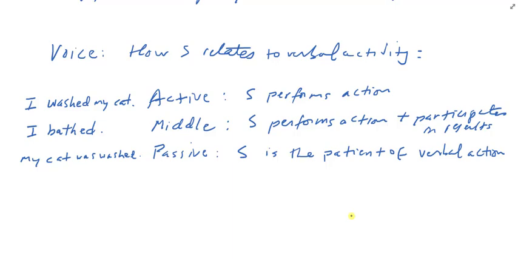Yes? If you rephrase that as I took a bath, is that then active or is that still middle? In English grammar, the form is active, right? I took a bath. Of course, this is idiomatic because you're not taking a bath and putting it somewhere, right?